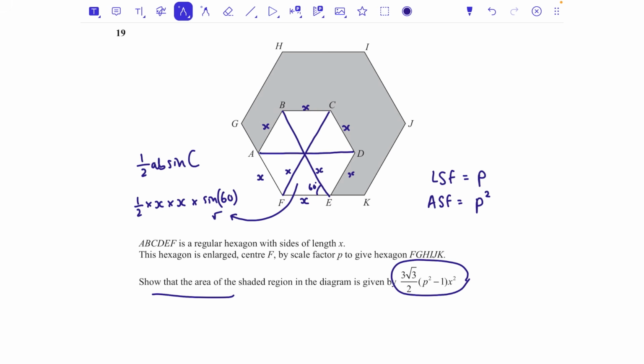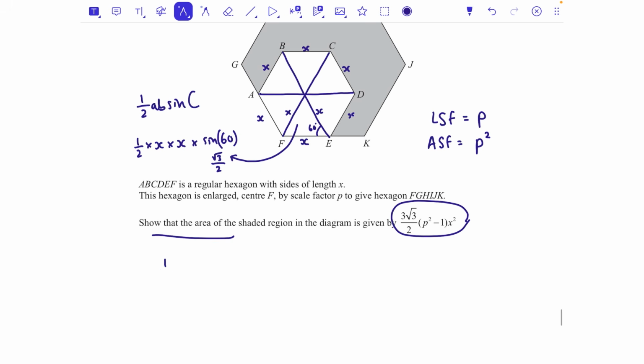And that's one of the exact values you're expected to know, but you do have your calculator, so you can always type that in. So each of those triangles is half x squared times root 3 over 2. But we have 6 of them to make up that hexagon. So I'm going to times that by 6, and a half times by 6 is 3. So I'm going to take the half, times it with the 6, and just turn that into 3.